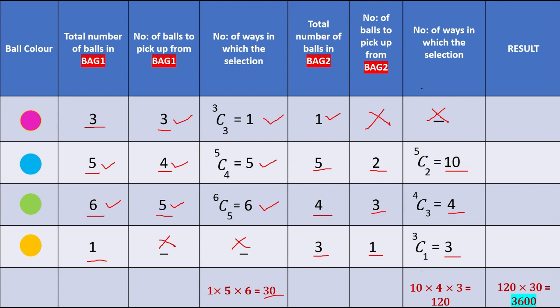So, the total number of ways in which we can pick up 2 blue balls from a total of 5 and 3 green balls from a total of 4 and 1 yellow ball from a total of 3 is calculated as 10 into 4 into 3, that is 120 ways. Okay.